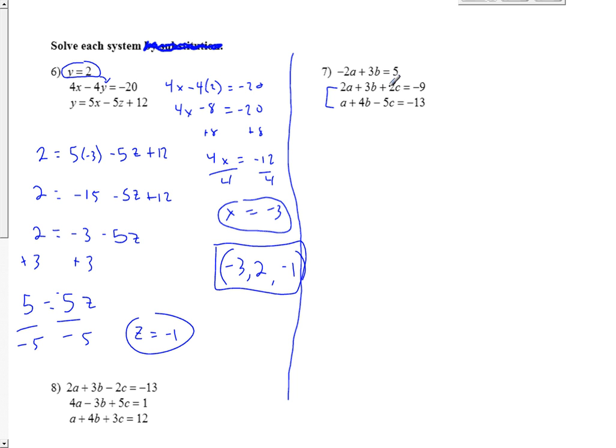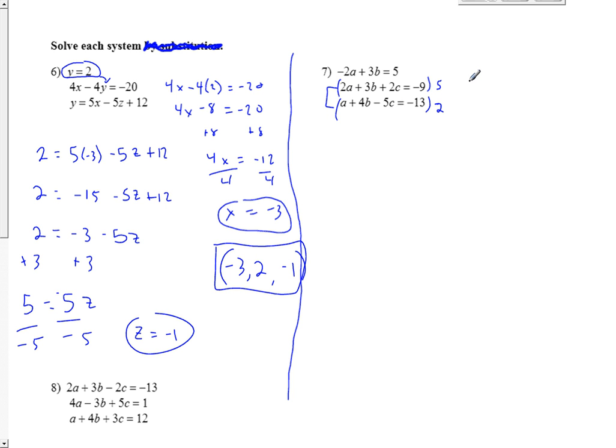So let's look at how we can eliminate c. If I multiply the first equation by 5, I do the flip-flop here with the numbers, that will give me positive 10c. And if I multiply the second equation by 2, that will give me negative 10c. So positive 10c and negative 10c will cancel.